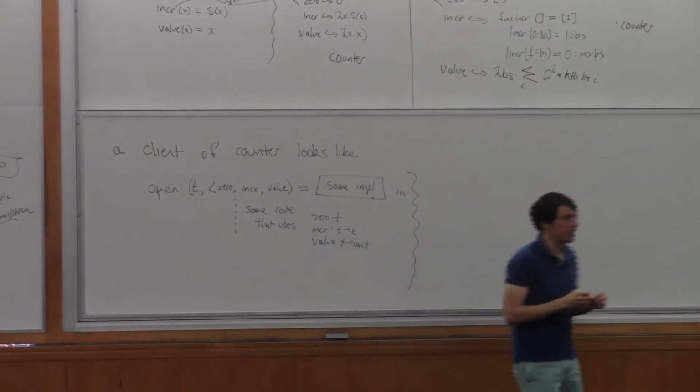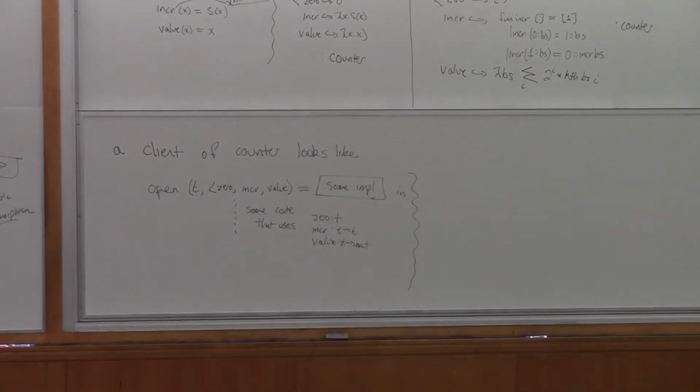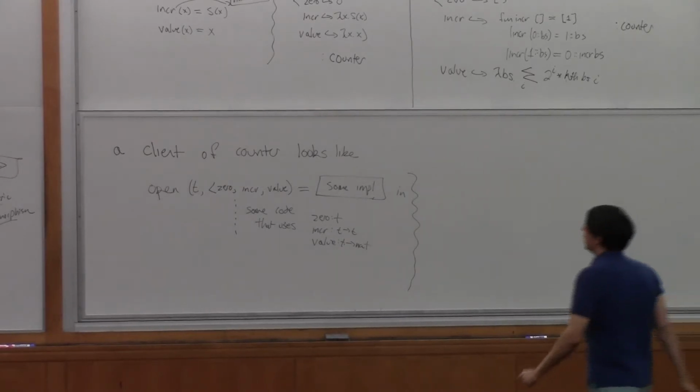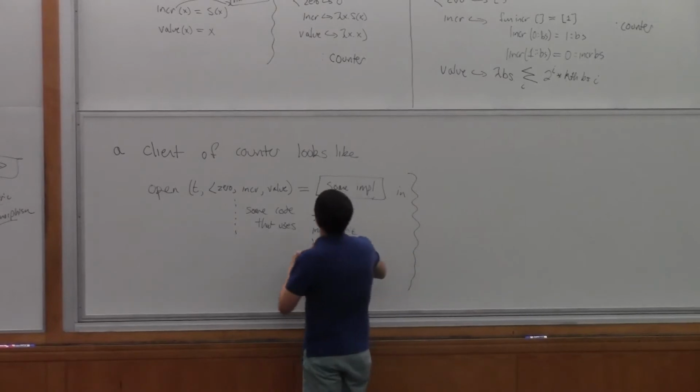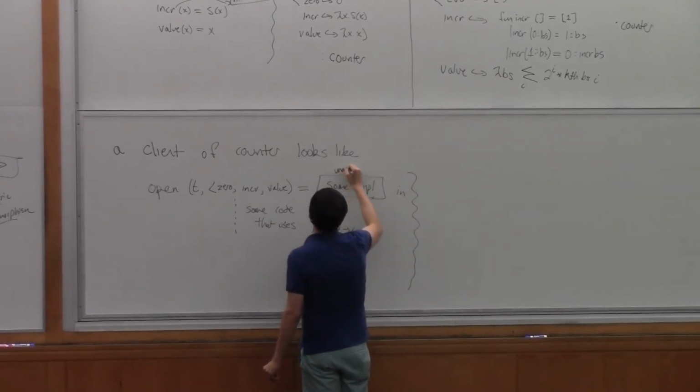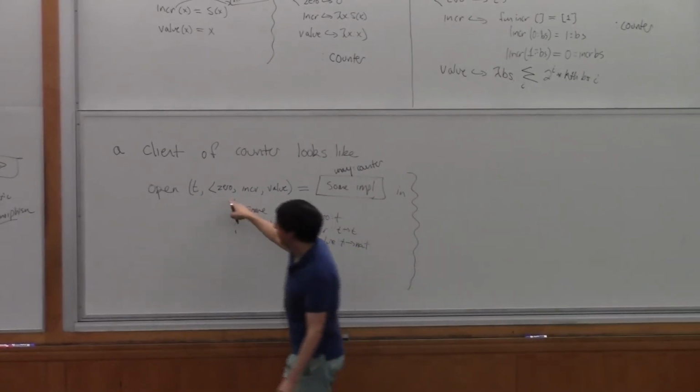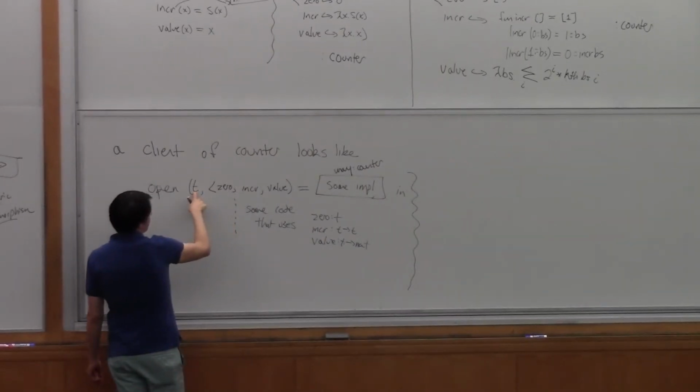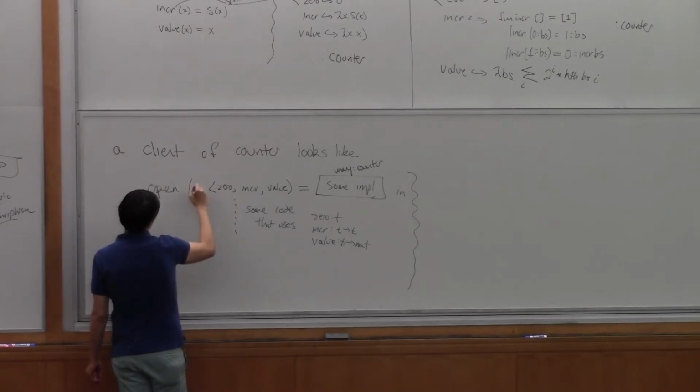Okay, so the idea is if you're going to be a client of the counter module, then what you do is you say, I would like to use, for example, the unary implementation of type counter, and I'm going to make a variable here, which I could have called something other than t, right?